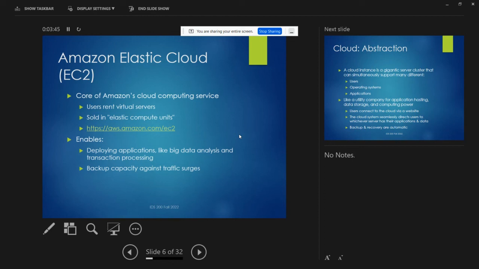Anyway, so what people do with EC2, again, you can deploy applications like analytics software, transaction processing software, and of course, there's backup capability built in. One of the key reasons why businesses put applications in the cloud is because they have busy times, right? And the difficulty businesses always had was if you have a busy time during the day, you have to have enough hardware and system capacity to handle that busy time.